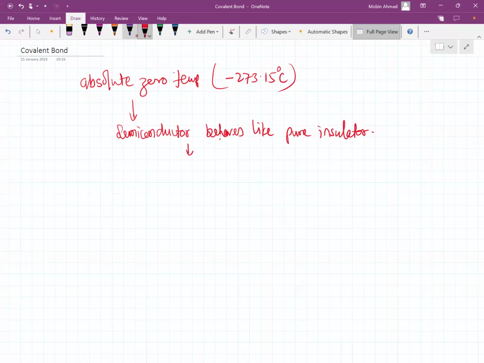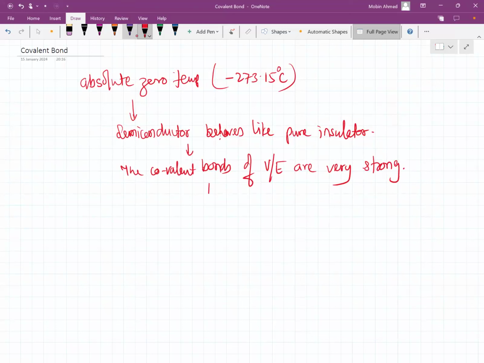Why does it behave like a pure insulator? Because the covalent bonds of valence electrons are very strong.